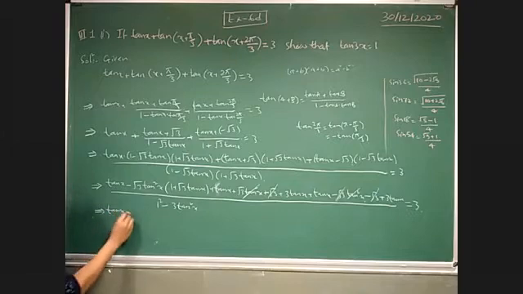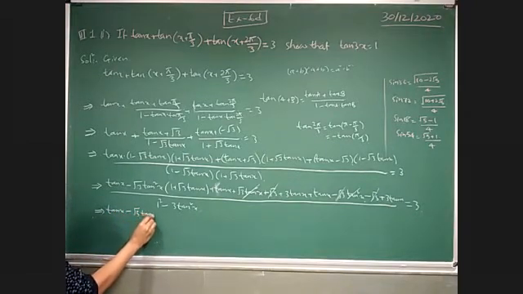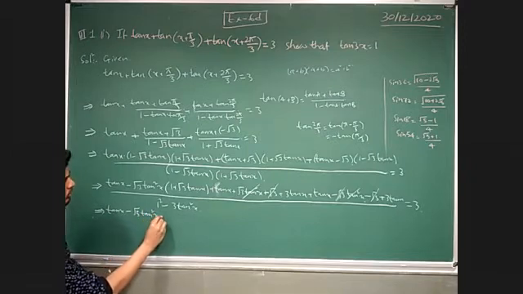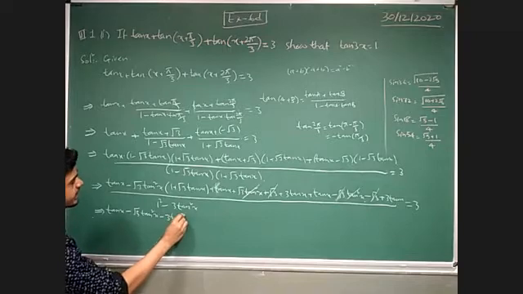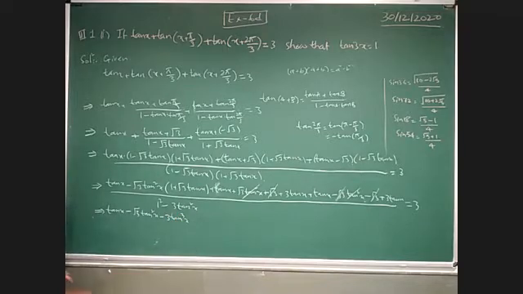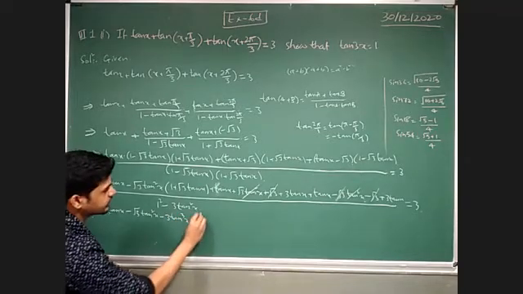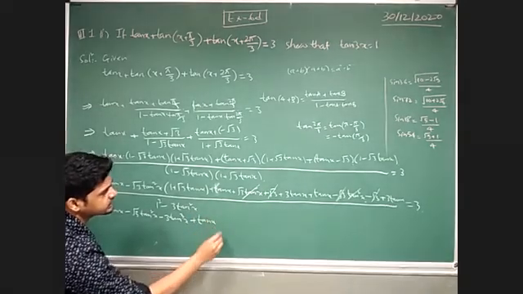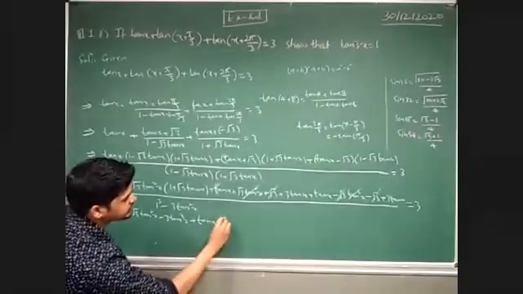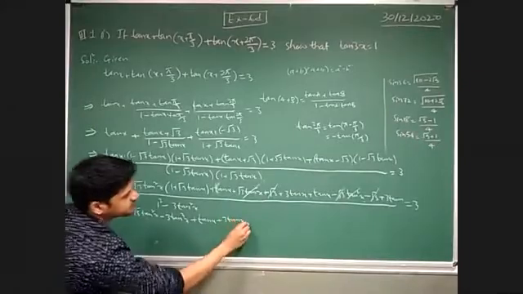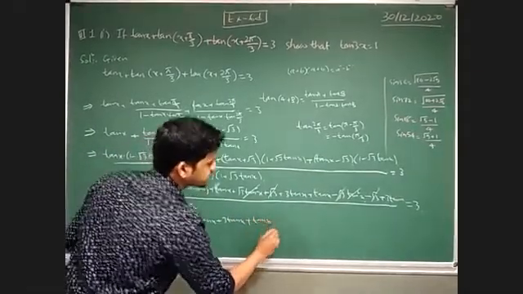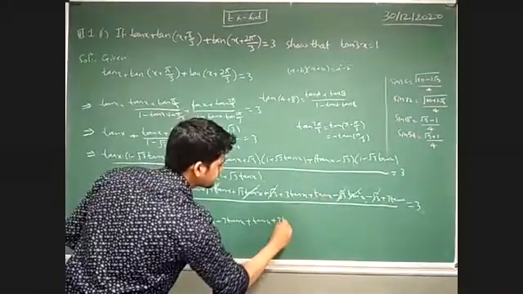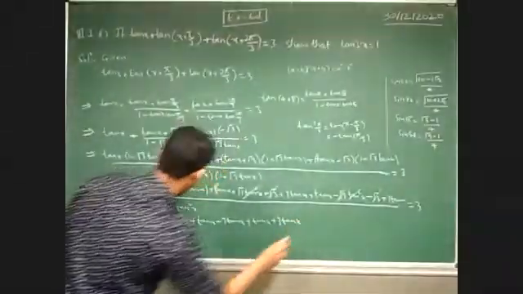tan x minus root 3 tan square x minus 3 tan cube x. Okay, and here you will have tan x, then plus 3 tan x, plus tan x, and then plus 3 tan x.